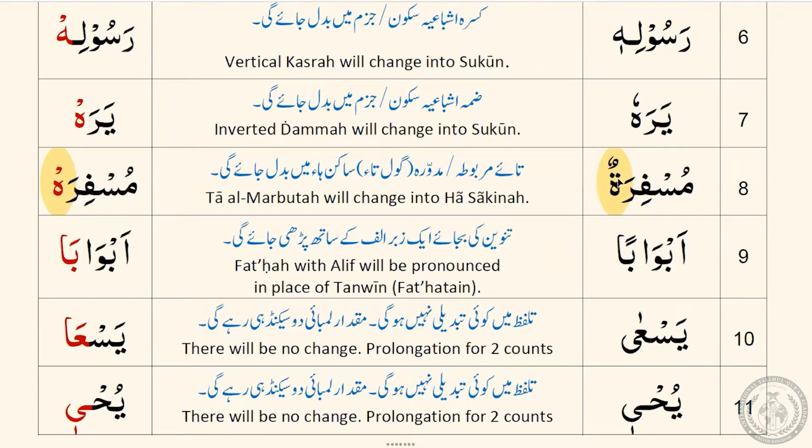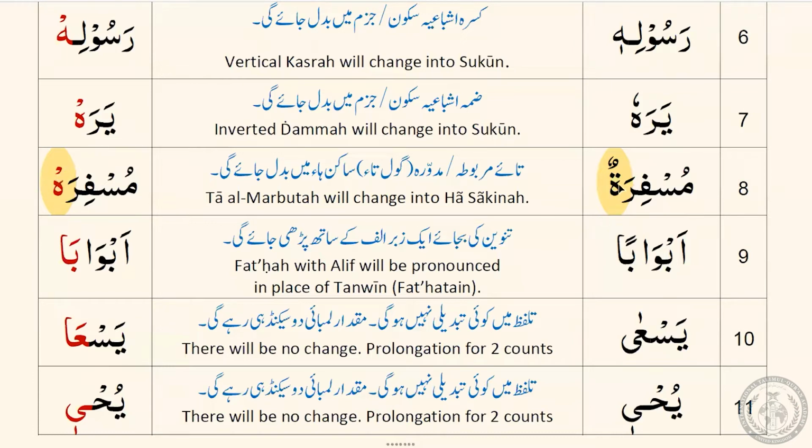So what happens is whatever strokes may be above or below the ta marbuta, they will disappear. If you look over here on the left and you see the red letter, you will see that the tanween, that's gone, right? And in its place instead, we have the sukoon.